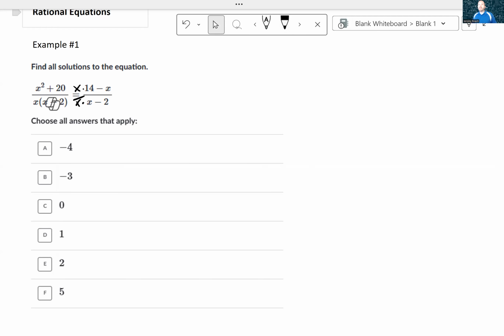So we've got x squared plus 20 equals x times 14 minus x over x minus 2.